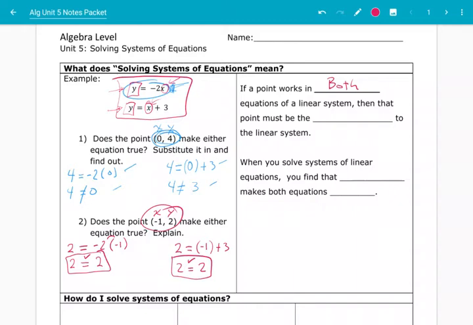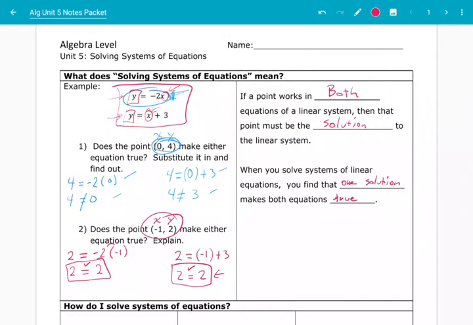So they're all the same. Anyway, if a point works in both equations of a linear system, then that point must be the solution to the linear system. So we're going to be looking for the solution that satisfies both equations that we have. So when we solve systems of linear equations, you find that one solution that makes both equations true.